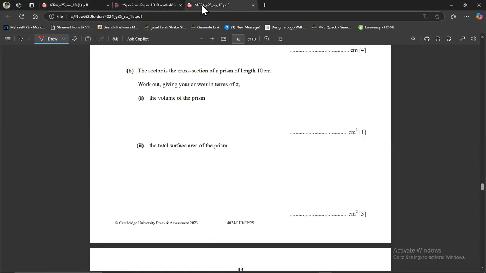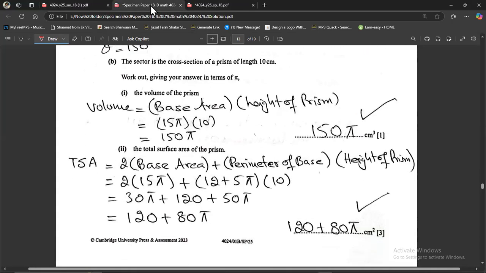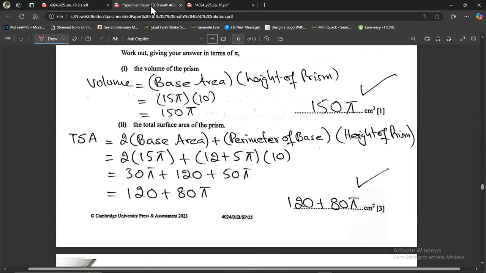Okay, then we have the second part, the total surface area of the prism. You know, finding the total surface area of the prism is very, very simple. Total surface area of the prism is equal to 2 times the base area plus the perimeter of the base multiplied by the height of the prism. So the base area is 15 pi, so you multiply it with 2, then plus the perimeter of the base, 12 plus 5 pi, into 10.